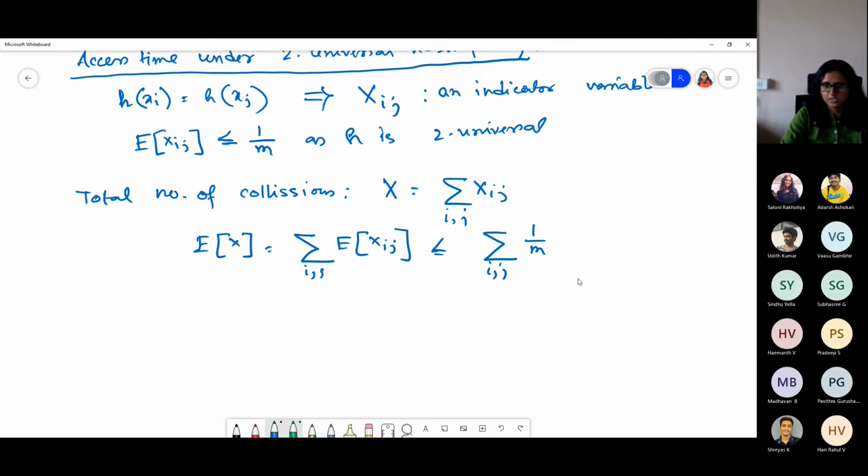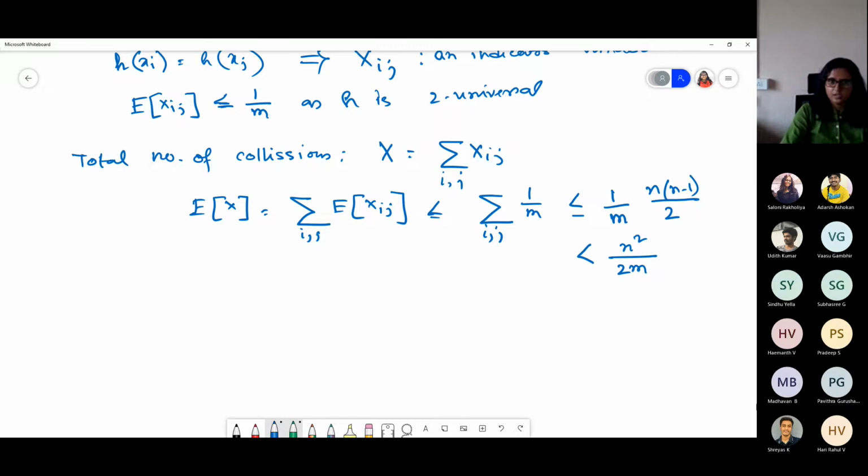Now I can write it hopefully as less than or equal to 1 by m times n into n minus 1 by 2. Do you agree? That is less than n square by 2m. I am choosing this value for a particular reason that we will understand. So the expected number of collisions becomes less than n square by 2m.